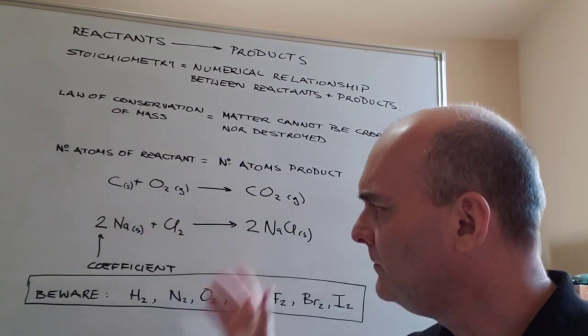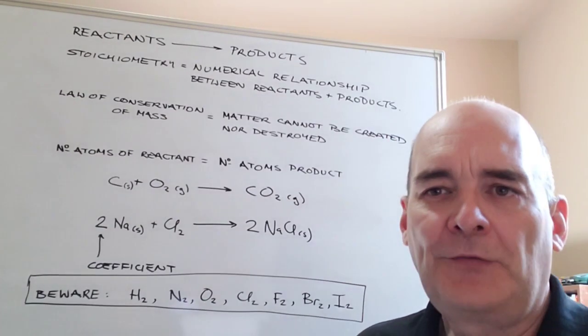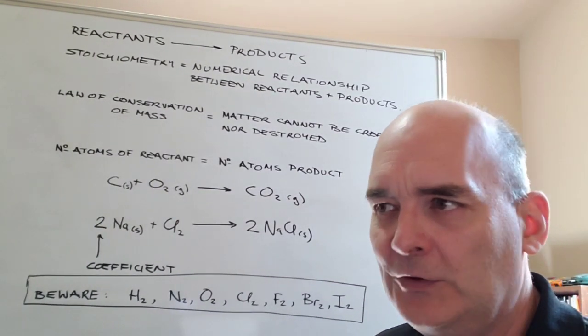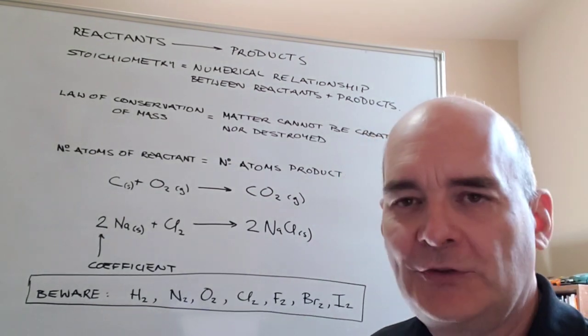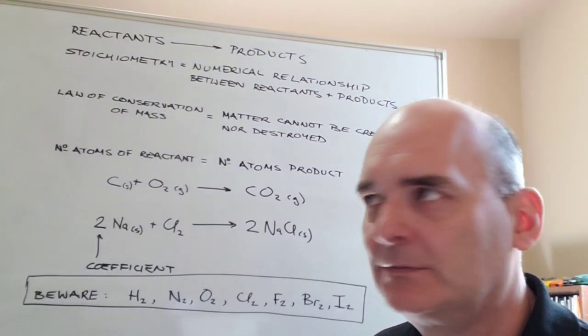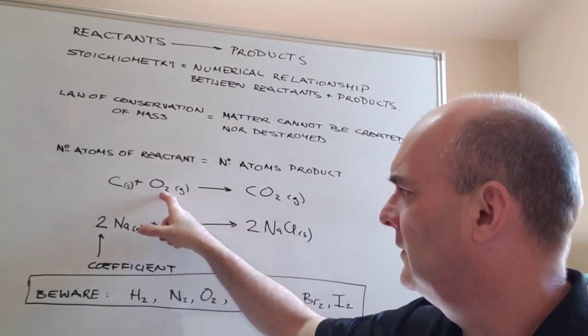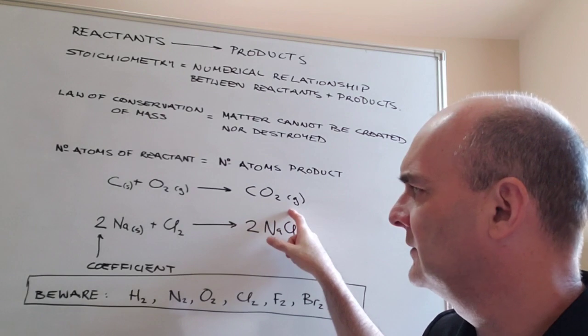So our law of conservation of mass means the number of atoms of reactant is equal to the number of atoms of product. I've written a couple of very straightforward chemical reactions on the board right here, and we're just going to go ahead and make sure that the law of conservation of mass is in effect. Carbon plus oxygen makes carbon dioxide.